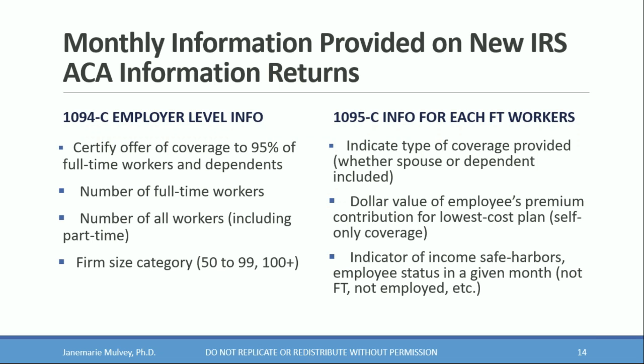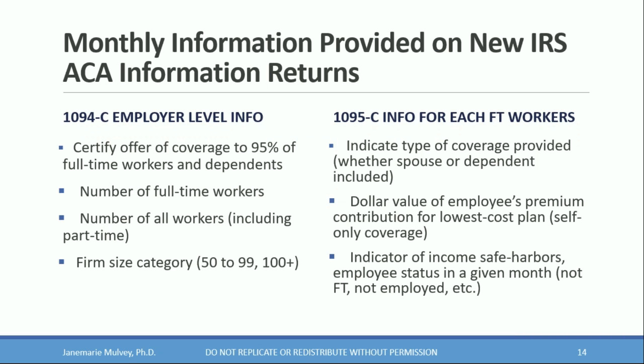They also have to put the number of all their workers, including part-time workers, and then they have to indicate their firm size in a given month. Now this could be tricky for some employers who change their firm size within the year, so they have to keep track of that. That's the employer level information on the 1094-C.